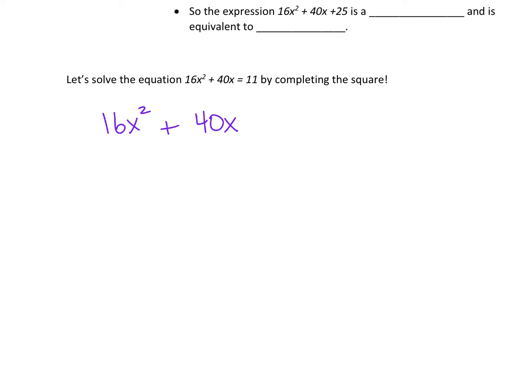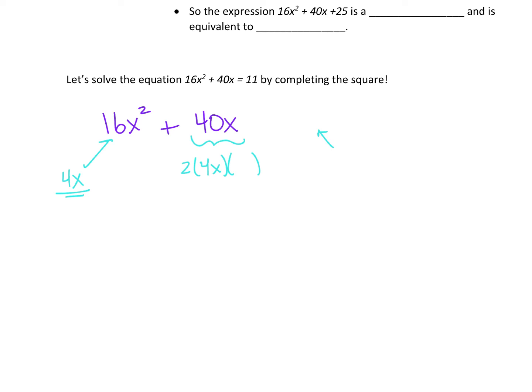So what you want to think about is that 16x squared, what are you squaring to get that? A 4x. So we're going to remember that this middle term is made up of the product of three things. It's 2 times, it's always a 2, whatever you square to get the first term, which is 4x, and then whatever you're squaring to get the last term, which we don't know.